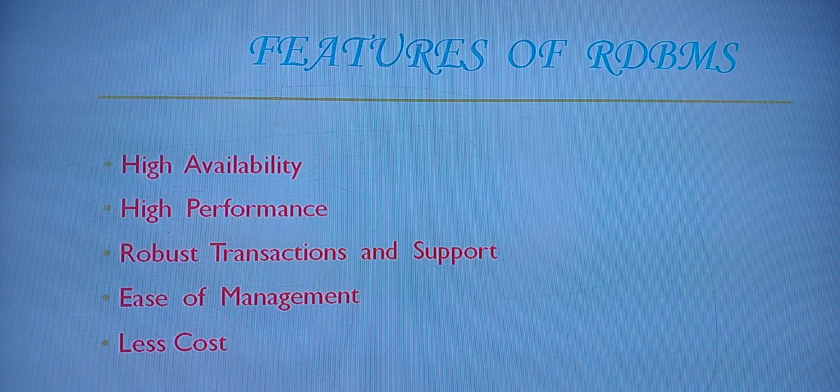And in the next class we finished the introduction to the relational database management system, that is RDBMS. Here we can have a glance over the features of RDBMS: high availability, high performance, robust transactions and support, ease of management, and the next one, less cost.